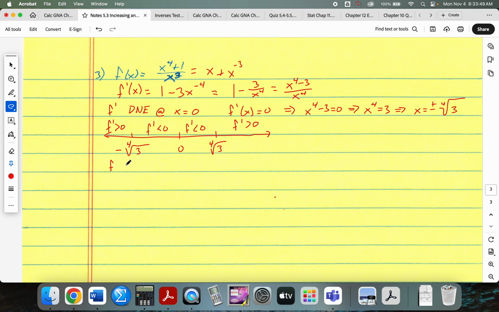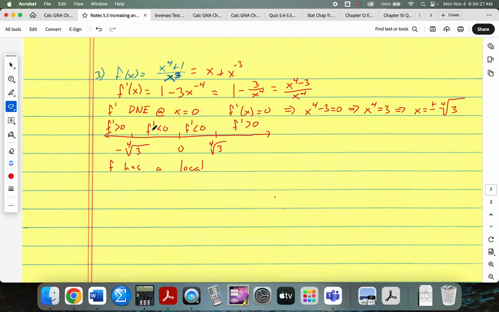So f has a what at x equals 0? I mean, at x equals negative fourth root of 3. All right, so you know this part. F prime's positive, so what is the f doing? If f prime's positive, f is increasing.